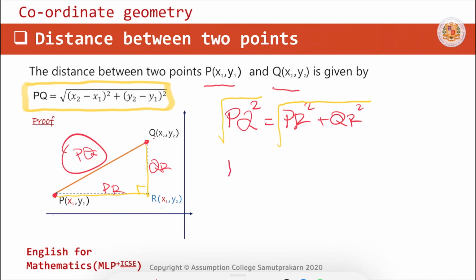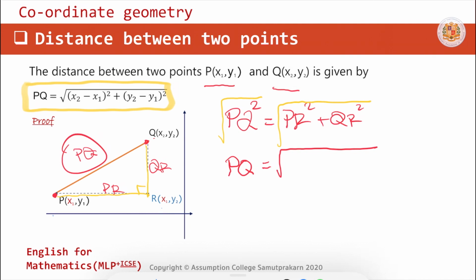Then I get the absolute value of PQ here. If you learned real numbers, the square root of a real number squared is equal to the absolute value of that number. But since PQ is a length, it cannot be negative, so we can just write PQ. And PQ now equals the square root of PR square plus QR square.